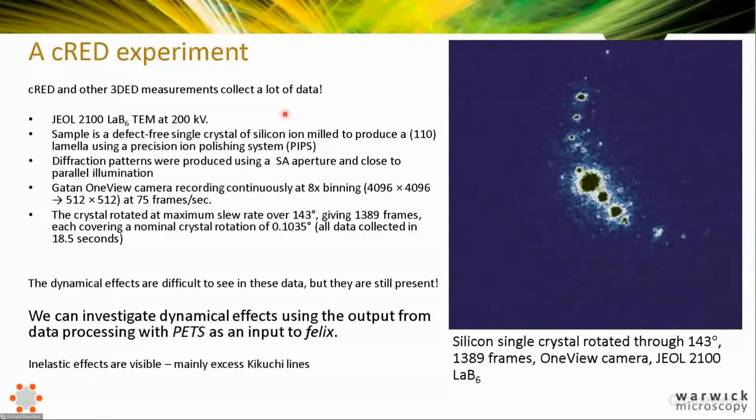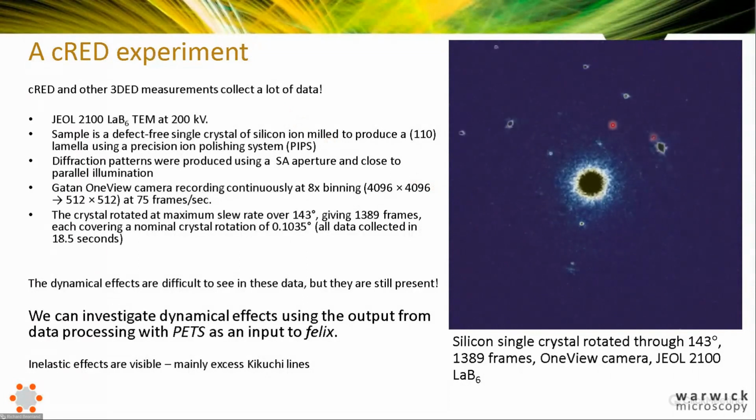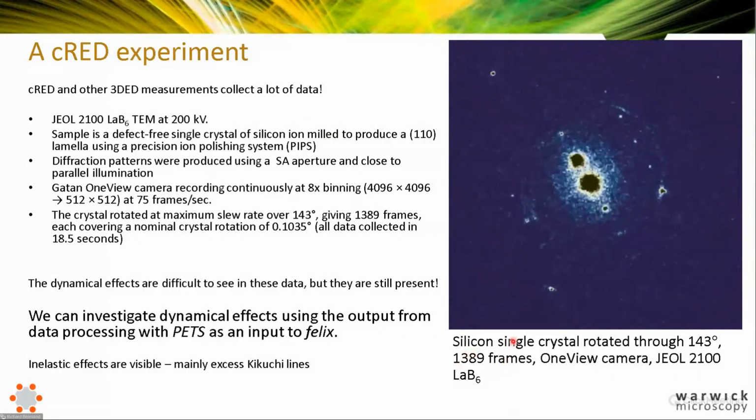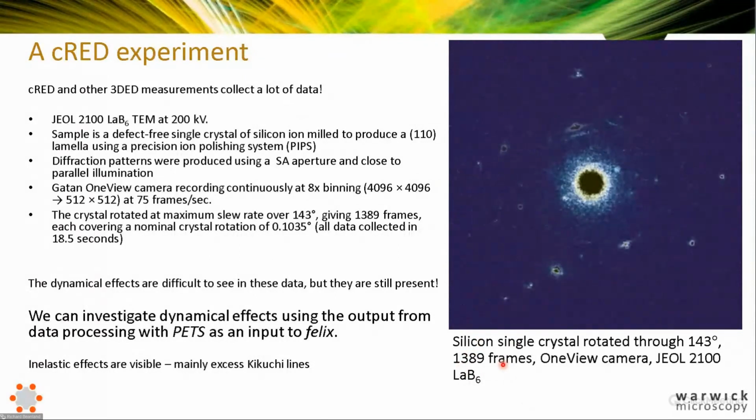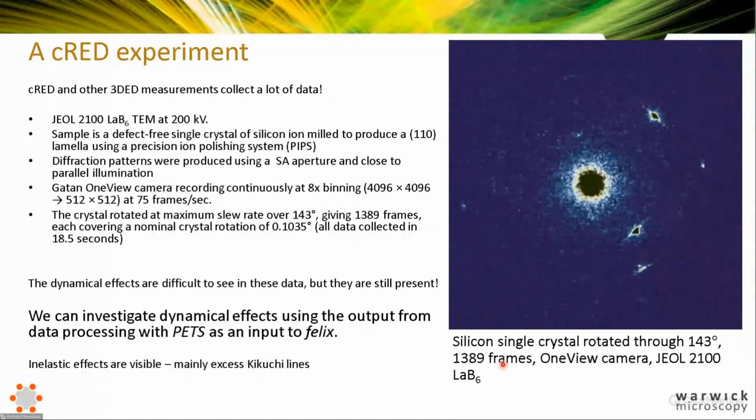And this is a continuous rotation diffraction data set. It's about 1,400 frames done on a JEOL 2100 PEM. You can get this data very quickly, actually, and this data took less than 20 seconds to collect.